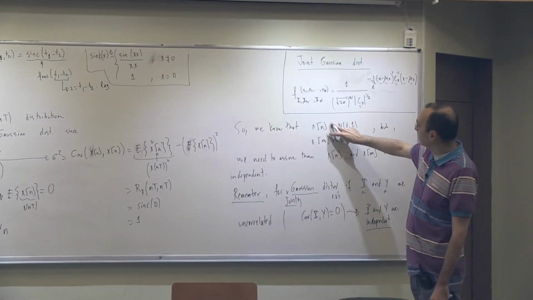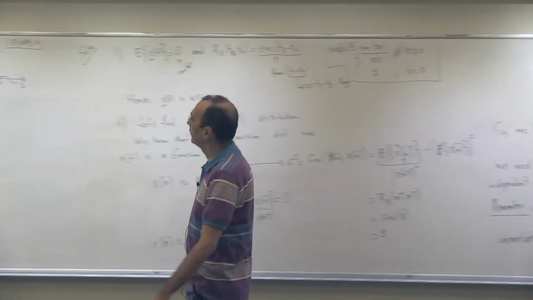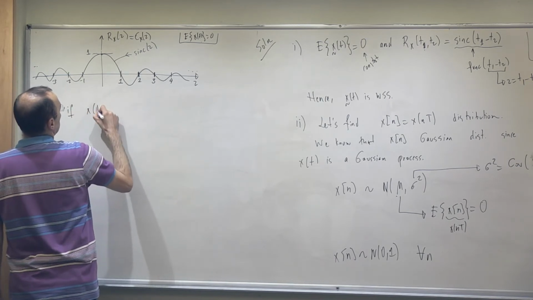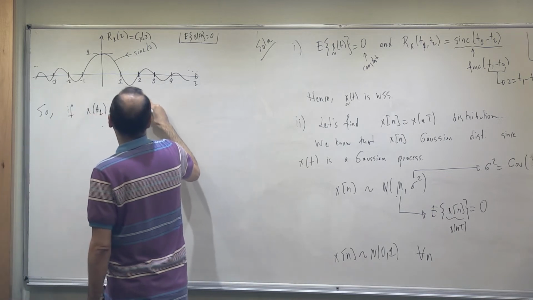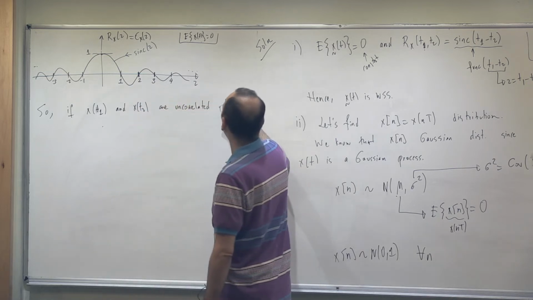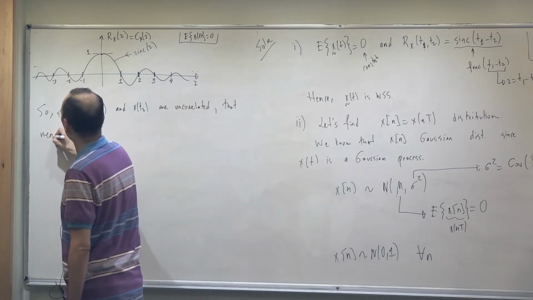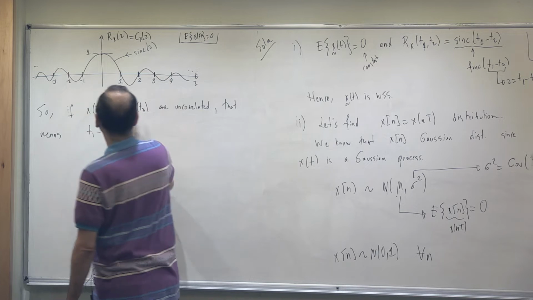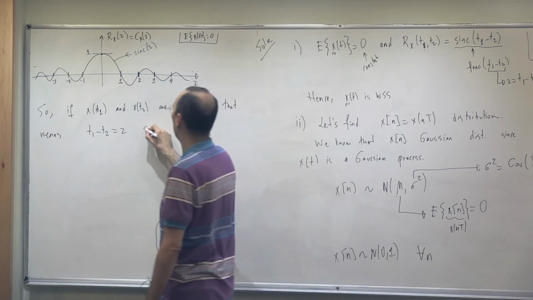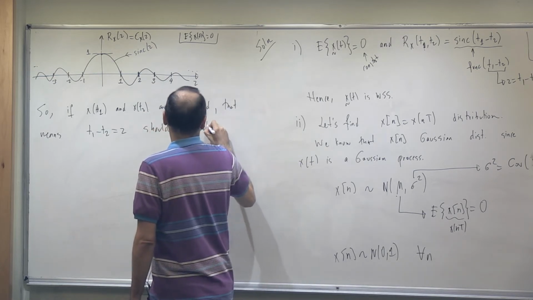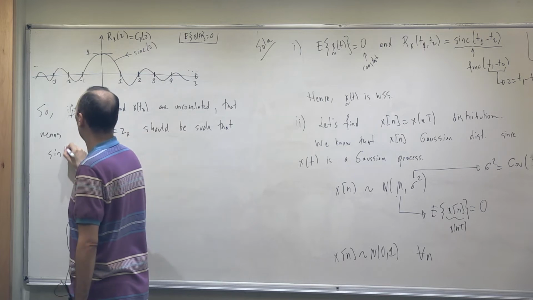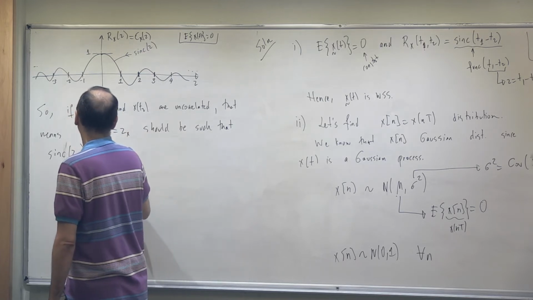So if I have two samples uncorrelated, that means that if x of t1 and x of t2 are uncorrelated, the time difference between them, t1 minus t2, which is tau, should be such that sinc of tau is equal to 0.